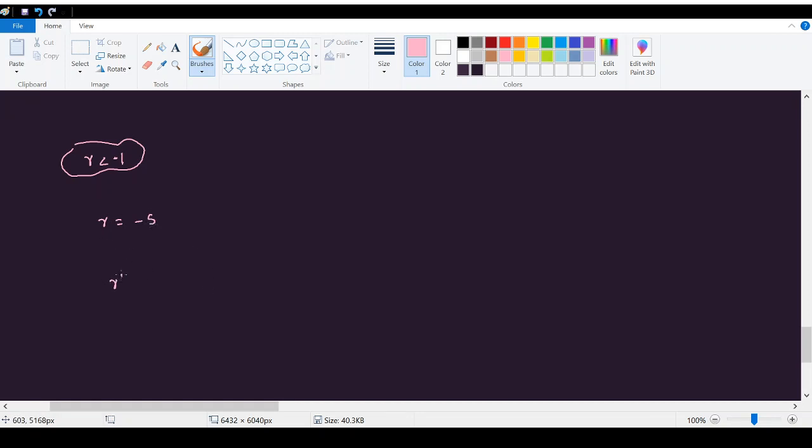Then what will happen to this number? Let's obtain some values. When n is equal to 1, r to the power 1 will be -5. When n is equal to 2, r to the power 2 will be -5 squared, which is a positive number, right? And when n is equal to 3, it will be a negative number, and the number is very large, right?